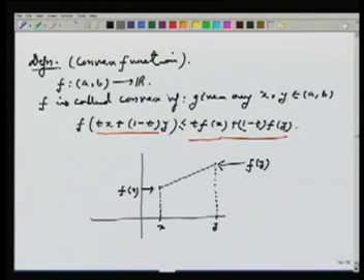Now the definition of the convex function says that if I take any in-between point, for example z here, then f(z) should be lying below the above line, that is, f(z) should be somewhere here. That is, the given definition is saying that the graph of the function must look like this.